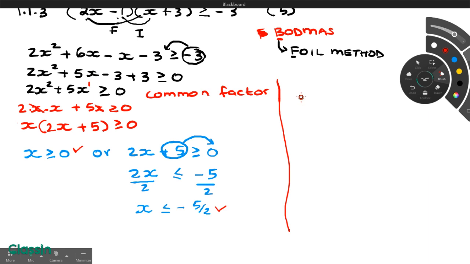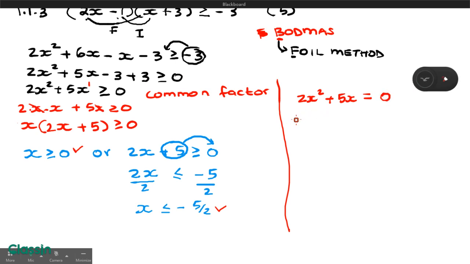Now let's say you have got 2x squared plus 5x, and you decide that you're not going to use this sign, but you're going to use the equal sign, then you put 0. It means that you are going to look for what you call the critical values. CVs, not curriculum vitae, is critical values. So when you're looking for the critical values, you are allowed to use an equal sign. Change the sign that was given to an equal sign.